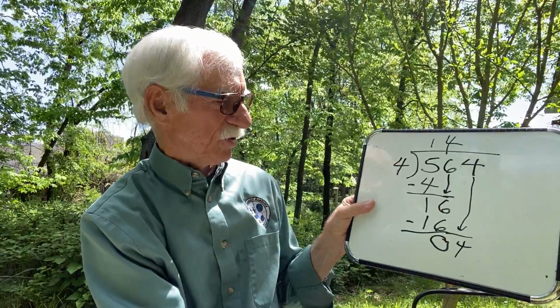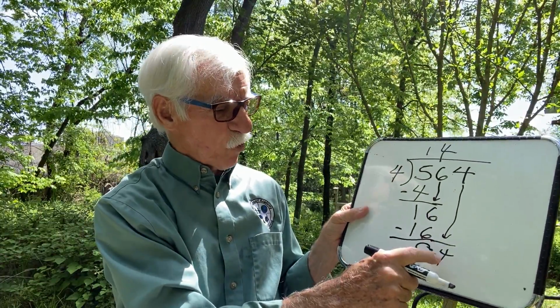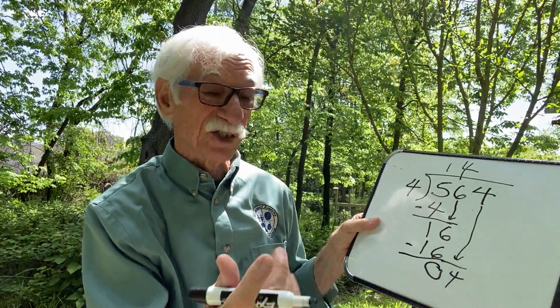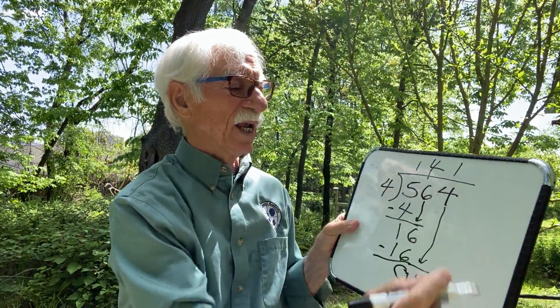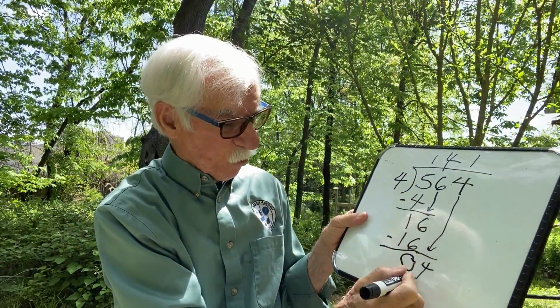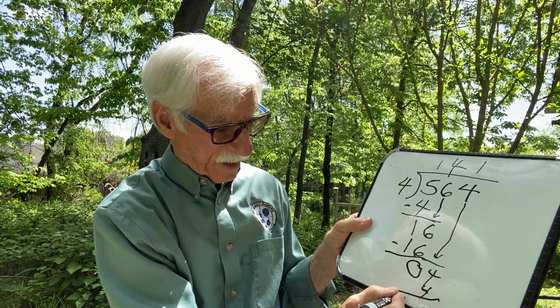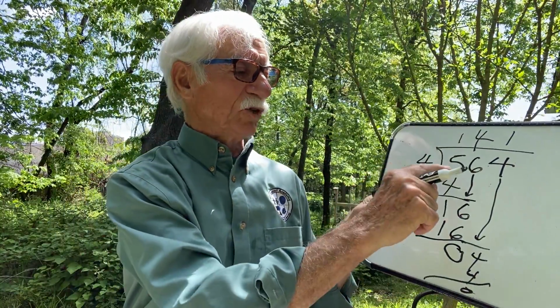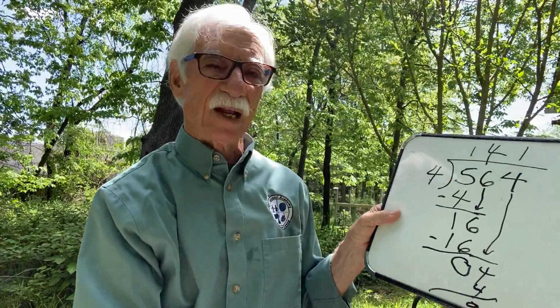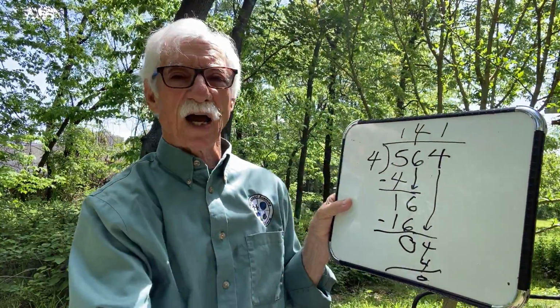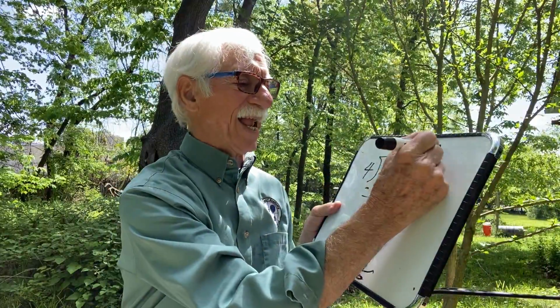If I distribute 4 units to 4 shelves, each shelf is going to get 1 can of soda. And I've given away all 4 of those units. So at the end, I've got 0. So when I distributed 564 cans of soda to the 4 shelves, each shelf got 141 cans.